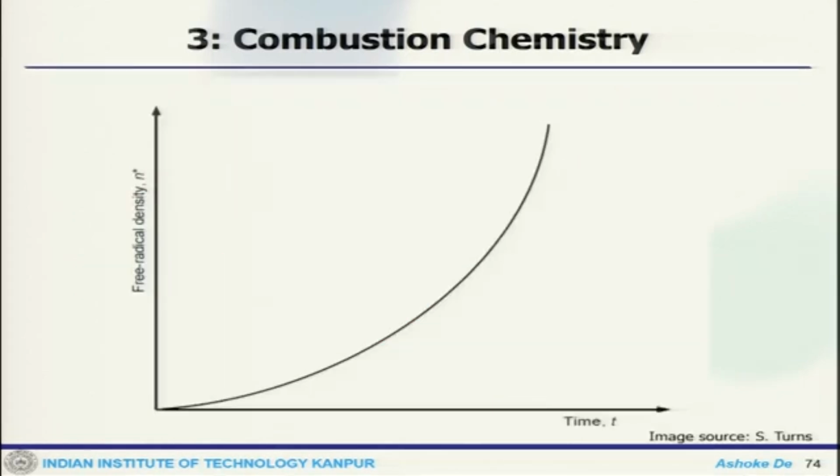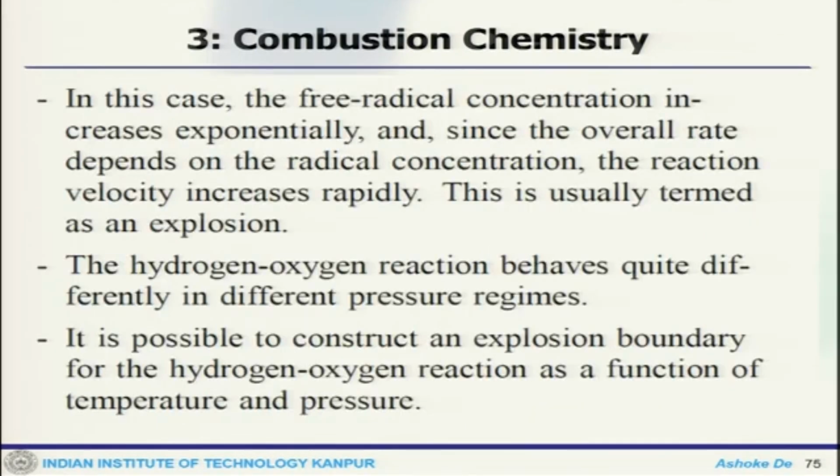And if we plot that, this is how the free radical density will evolve with time. So, one case is higher pressure, another case is lower pressure. So, we can see how that happens.